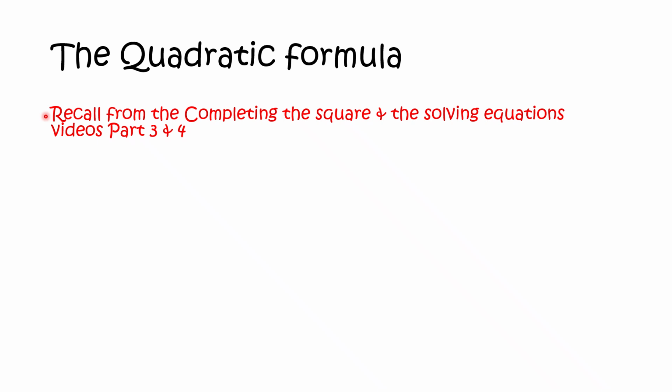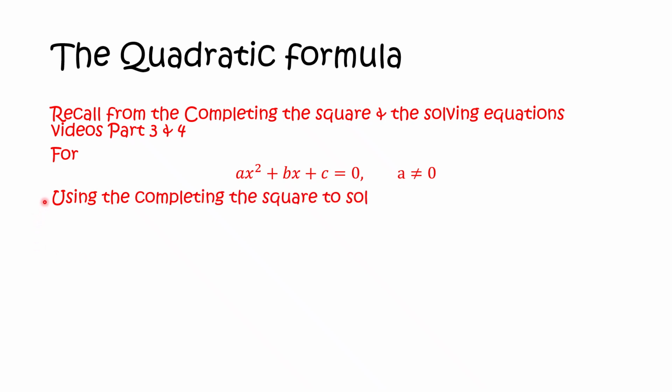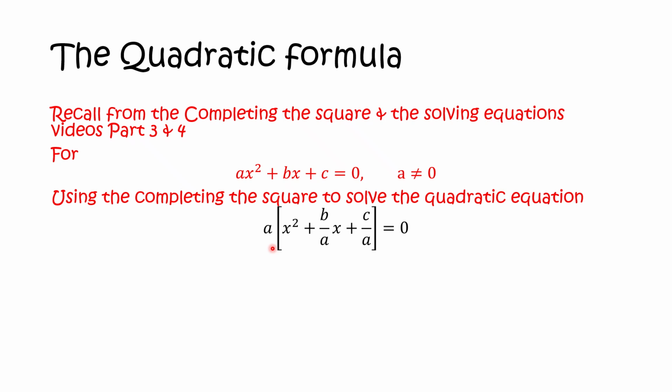Recall from the completing the squares and solving the equations video, parts 3 and 4, when we have ax squared plus bx plus c equals 0, where a is not equal to 0, using the completing the squares method to solve the quadratic equation, we would have to factor out the a so that we make the coefficient of x squared be 1.